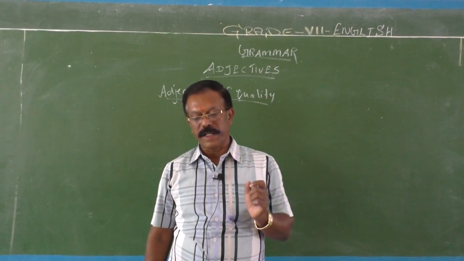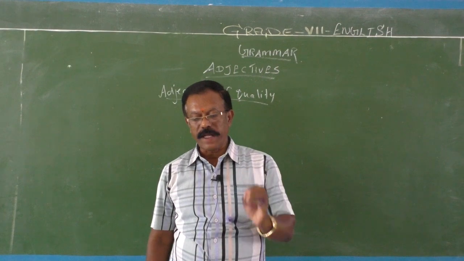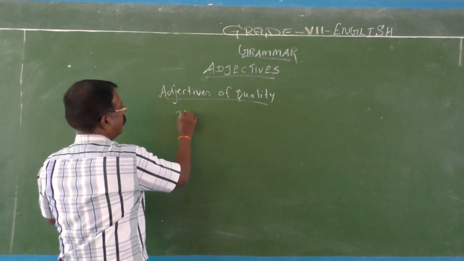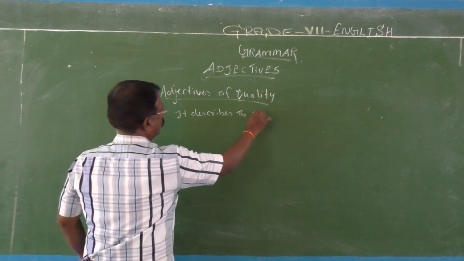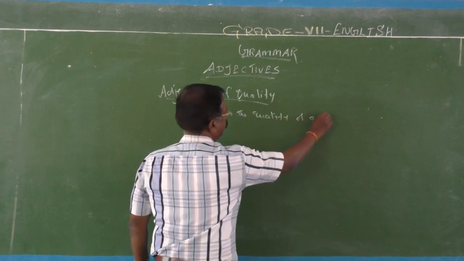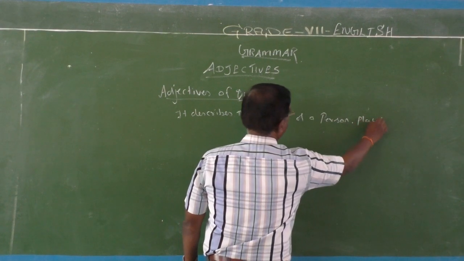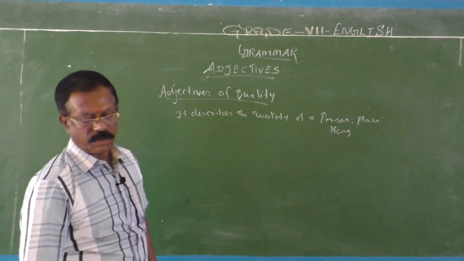So, adjectives of quality describe the quality of a person, place and thing. So it answers the question what kind of.